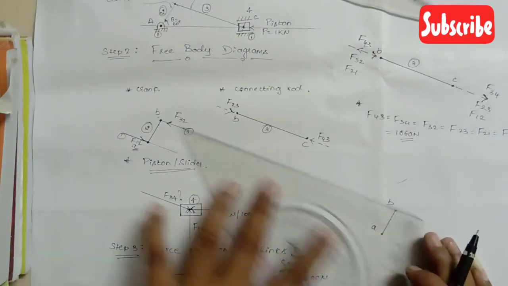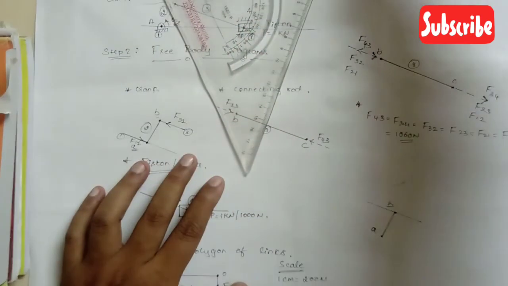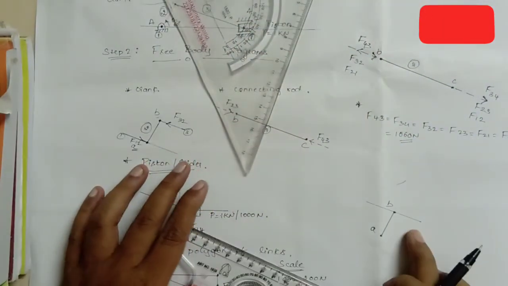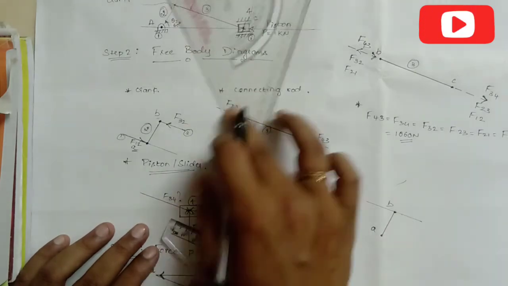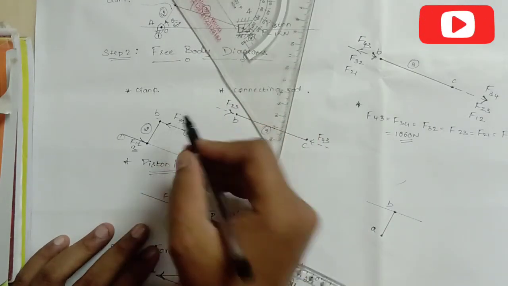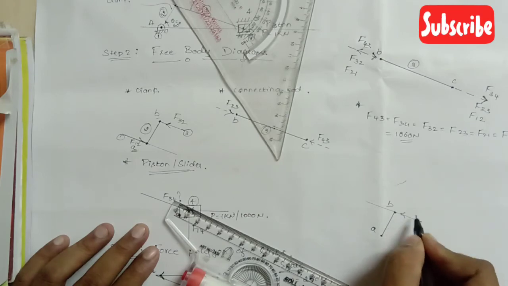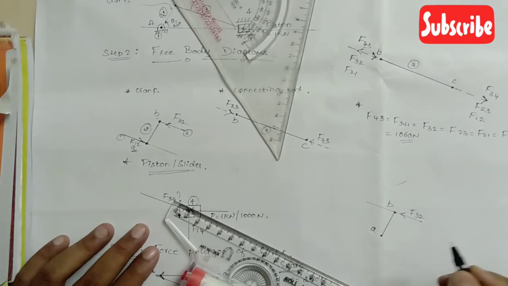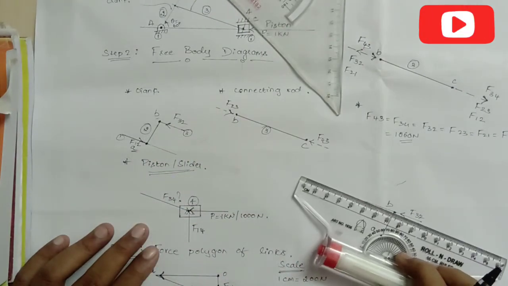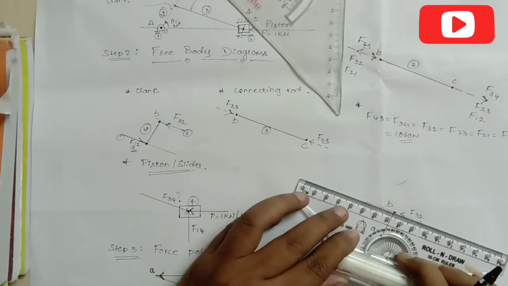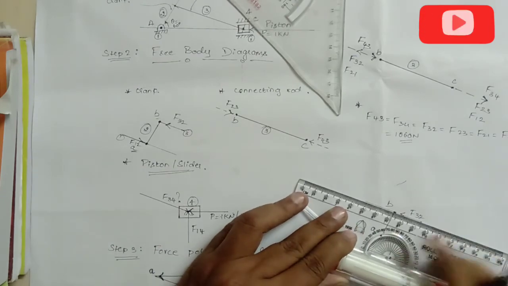Now again what you need to do, you need to draw the line which is passing through the point B, again with reference to this particular line. From this diagram it is evident that this is nothing but the force F32, right? Now I need to indicate this force F12, so taking this as the reference inclined line, align your roller scale here.